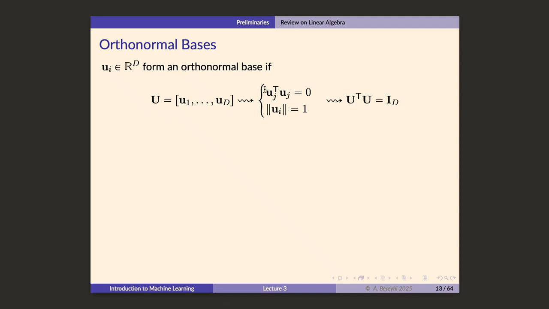And you have d of them, and once you have those d vectors, you can essentially describe the whole d-dimensional space, right? Any point in that d-dimensional space is going to be a superposition of some coefficients multiplied with these bases. So this is the definition of one orthonormal base.